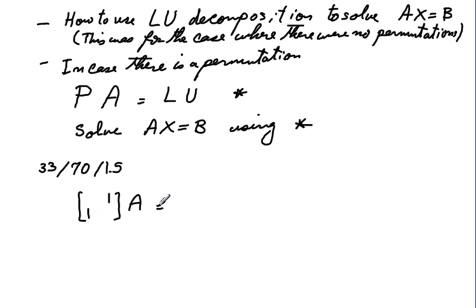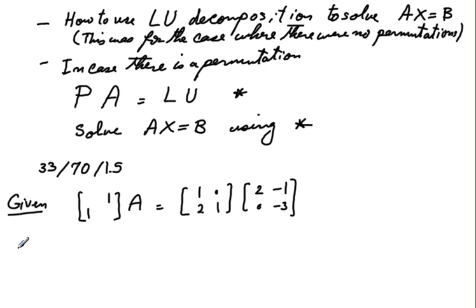After you shuffle the two rows, it has an LU decomposition, and its LU decomposition is given to you: 1, 2, 2, -1, 0, -3. So we are given this information. What we are asked is to solve AX equal to B for right hand side B, which is also given: 22, 8.